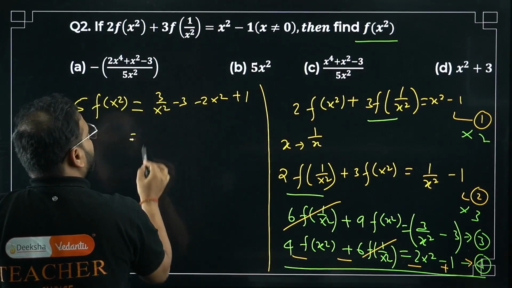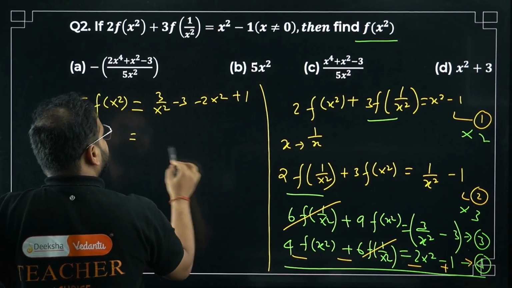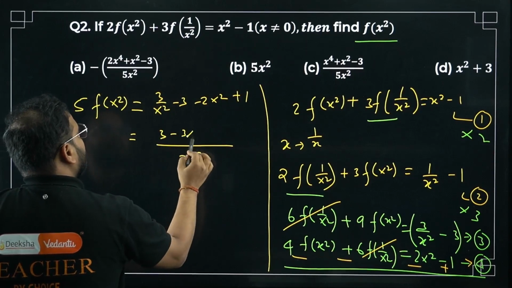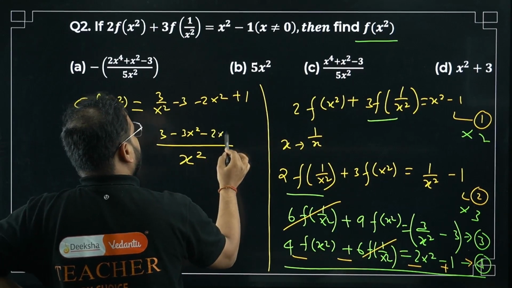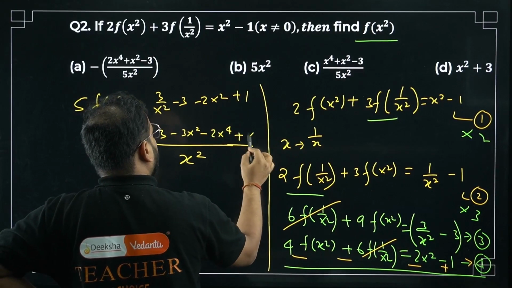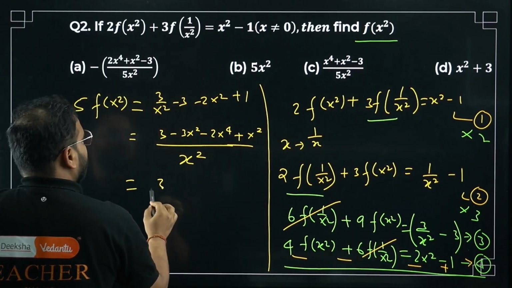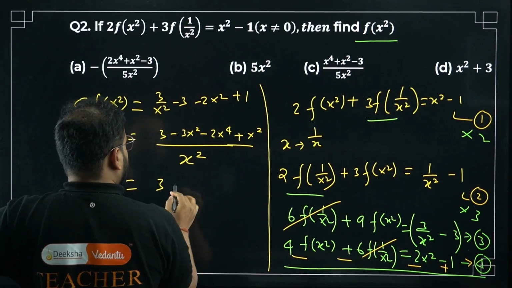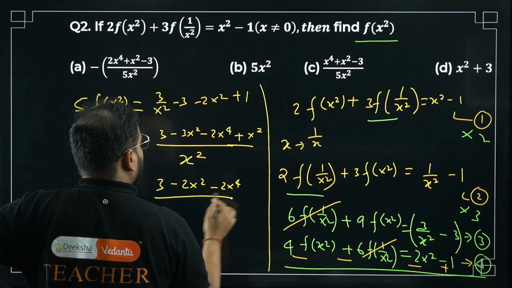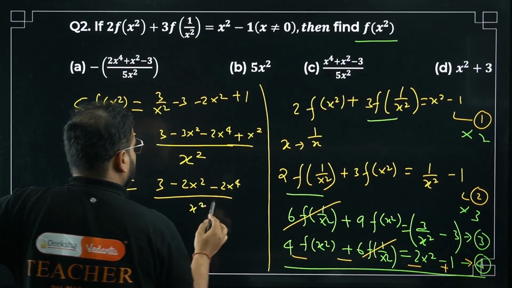Let's take LCM now. x square is the LCM, so 3 minus 3x square minus 2x power 4 and plus x square. So what I'm getting now, 3 minus 2x square minus 2x power 4 divided by x square, right?